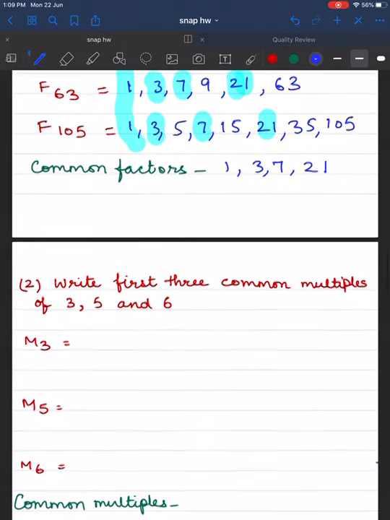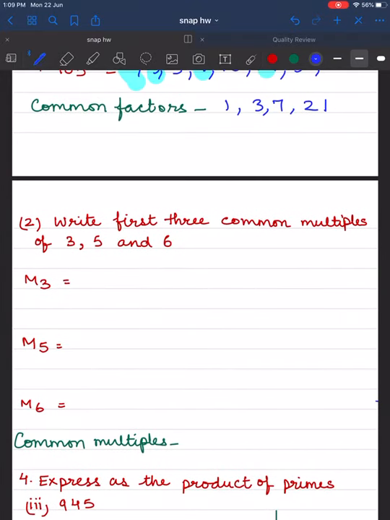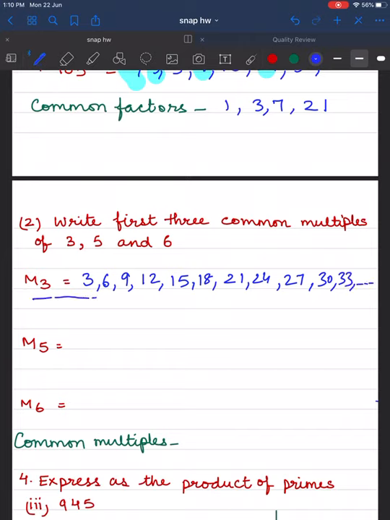Now next question is write first three common multiples of 3, 5 and 6. So let's write multiples of 3. So here we have 3, 6, 9, 12, 15, 18, 21, 24, 27, 30, 33 and so on. Now multiples of 5 are 5, 10, 15, 20, 25, 30, 35, 40 and so on.